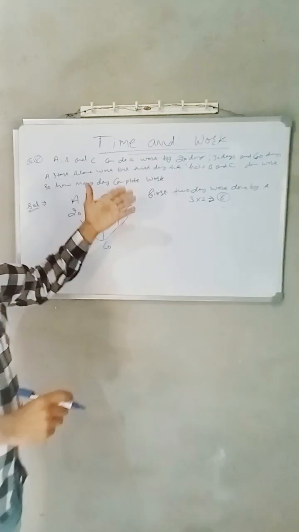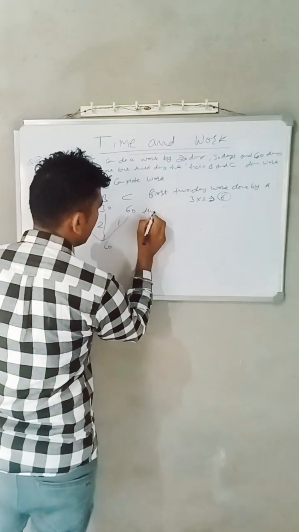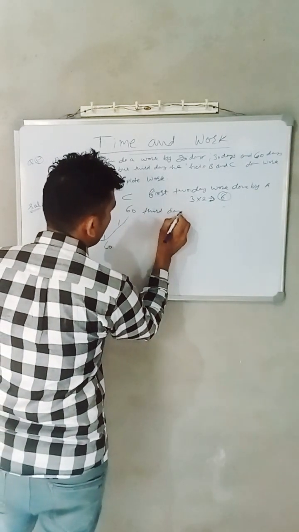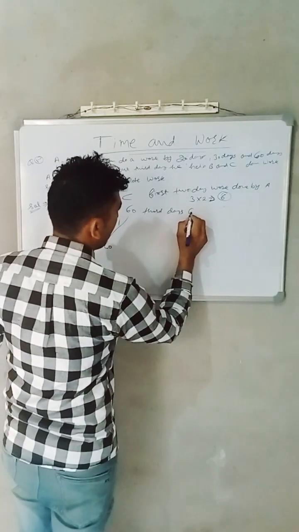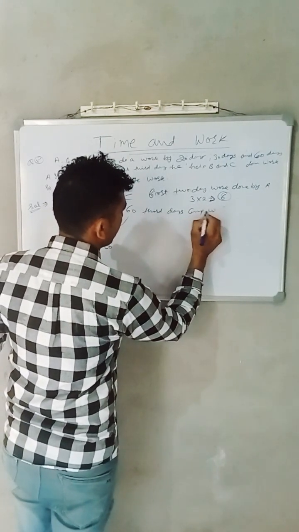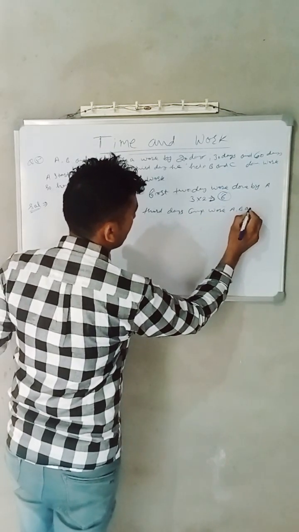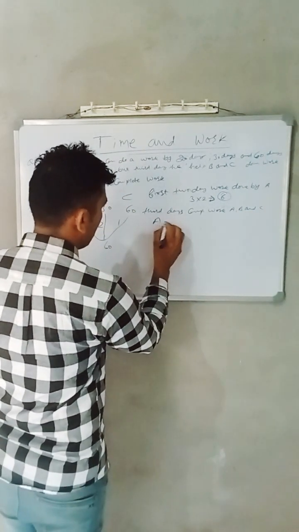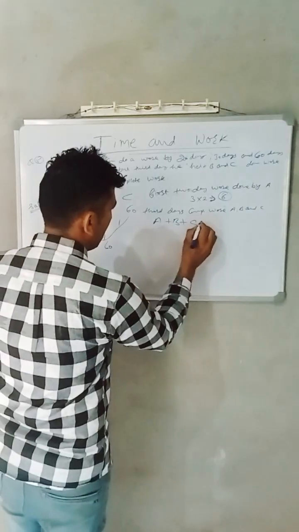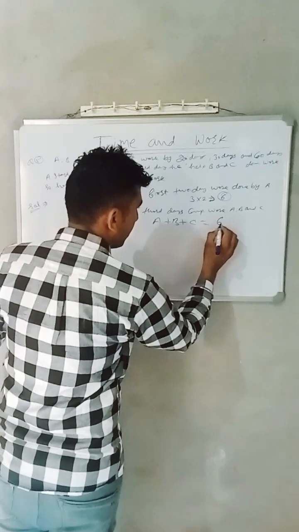But from the third day he helps B and C. On the third day, the complete work by A, B and C: 3 plus 2 plus 1 is equal to 6.